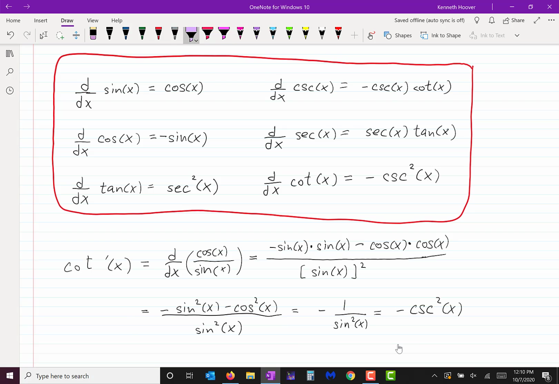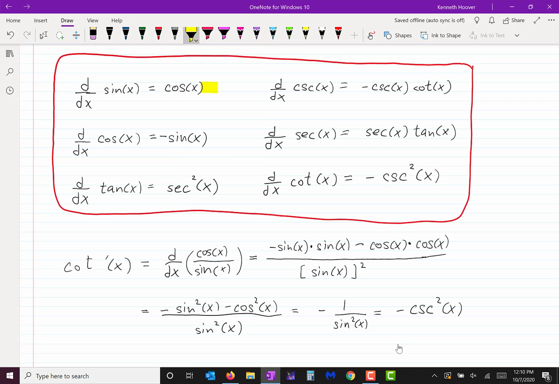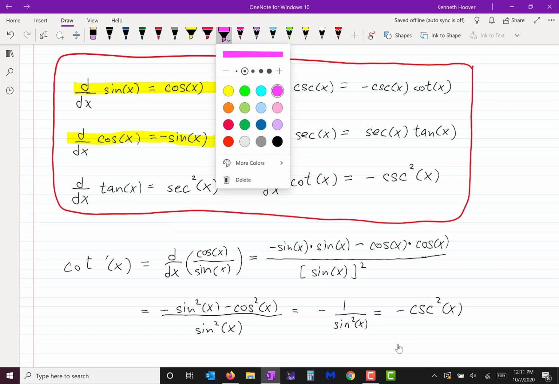Let's see. Now, let me forewarn you. This one and this one, you have to know by heart so well that you will say them without even thinking about it. Okay? If you don't know those, I just don't see how you would end up passing this class.